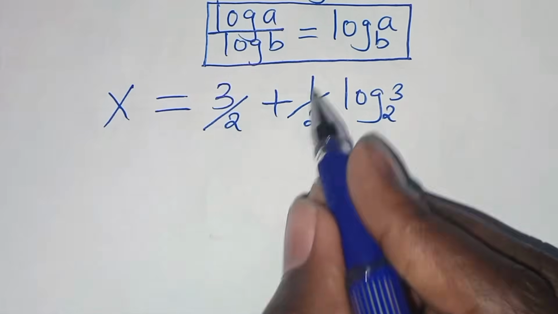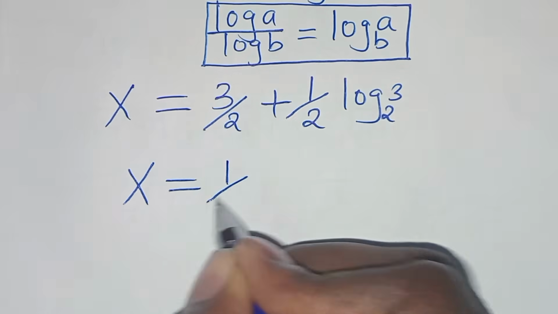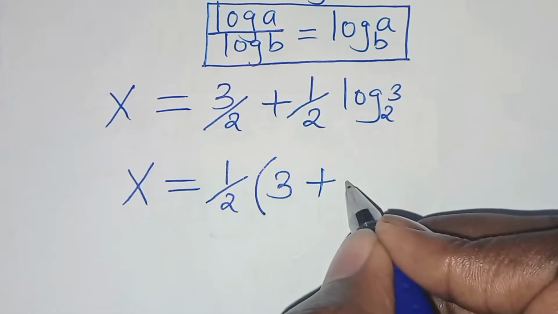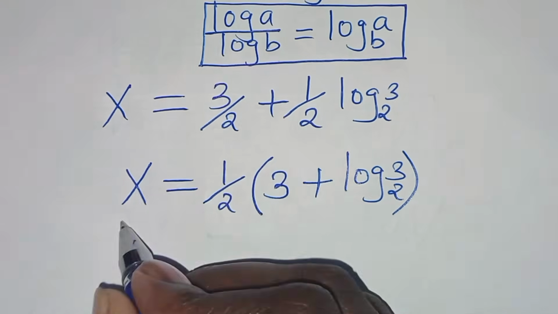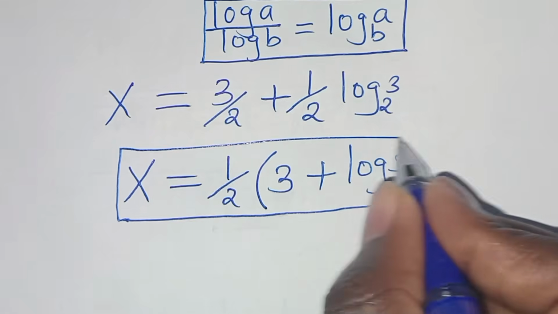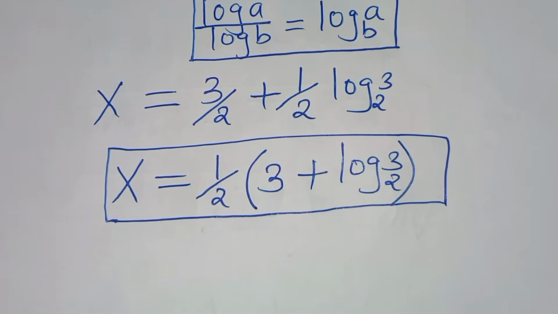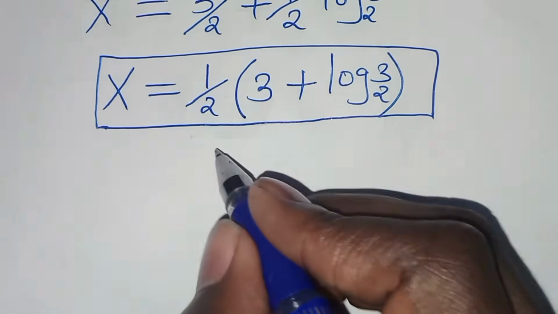But since a half is common here, we can factor out half, so that we have half into the parentheses 3 plus log 3 to base 2. This is the value of x. So let's verify that this value of x satisfies the equation.